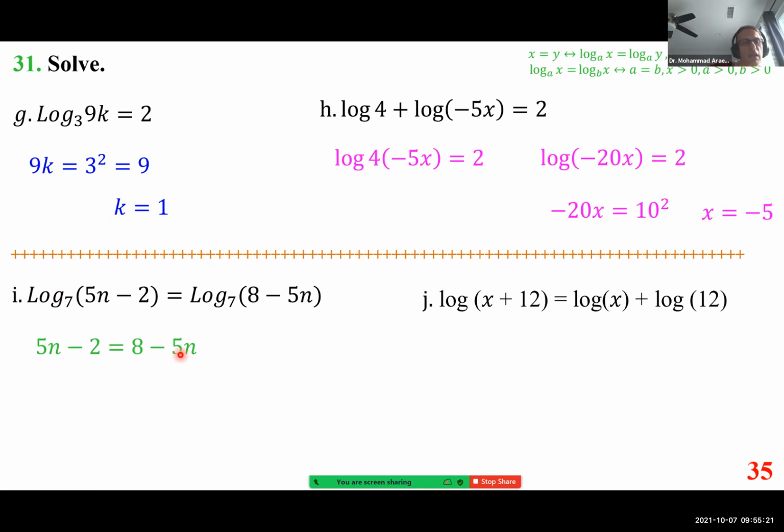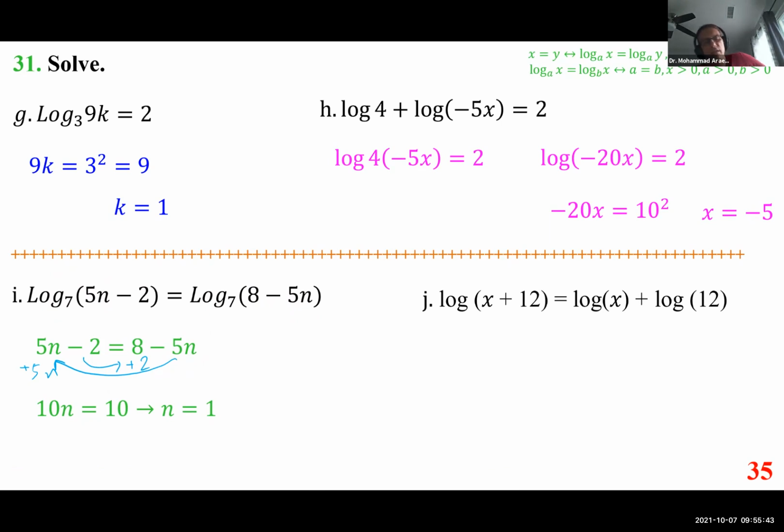You can bring the negative 5n here. You bring the negative 2 to the other side, becomes positive. And therefore, n becomes 1. You can check it and make sure none of the arguments is negative. I highly recommend you always check your work.